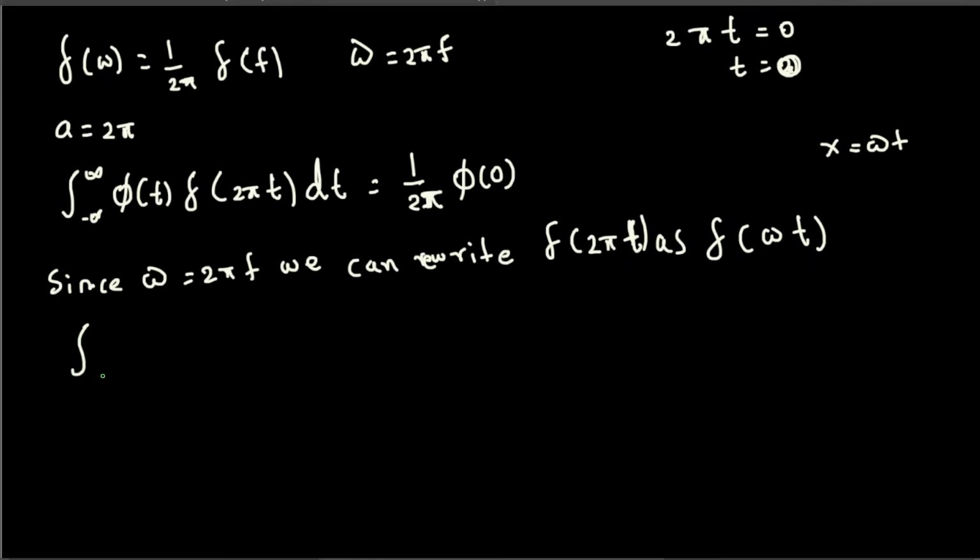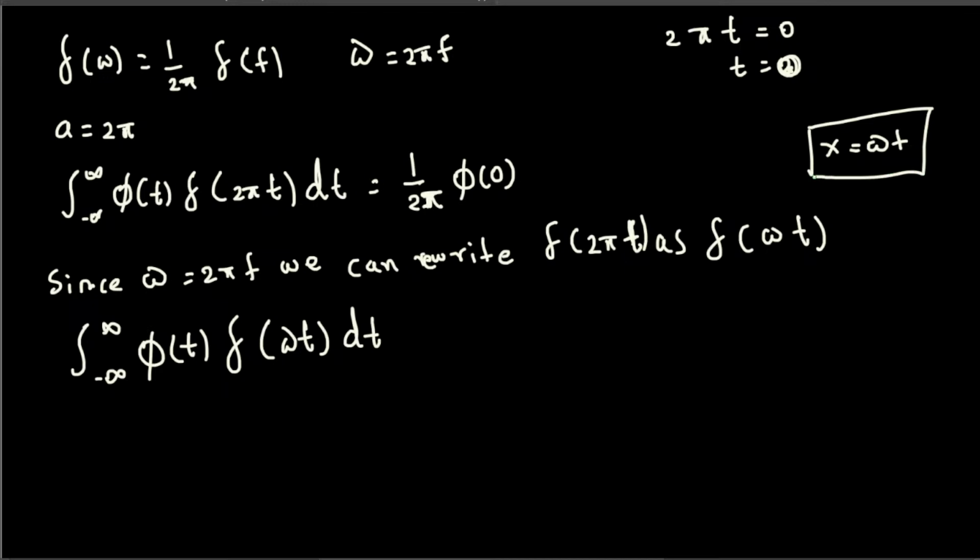So integral from negative infinity to infinity of φ(t) delta of, instead of 2πt, I'm going to put omega t right here, and then dt. Now, to make the integration easier, I'm going to do the u substitution kind of thing. Since we already used u, I'm using another variable called x here. x is equal to omega t, so it's going to replace everything here.